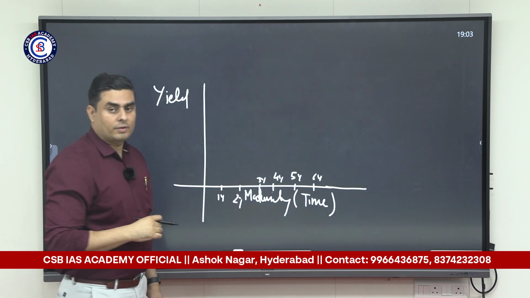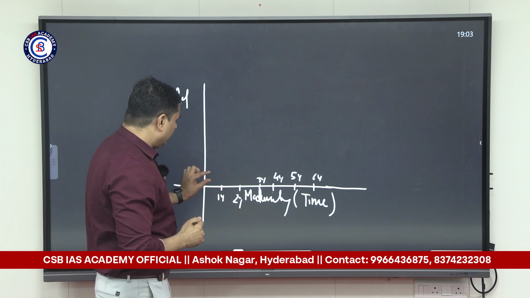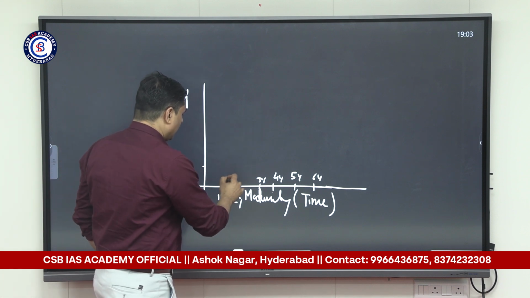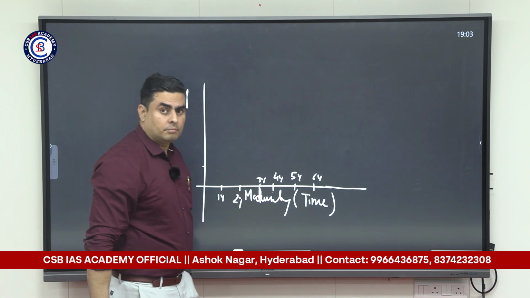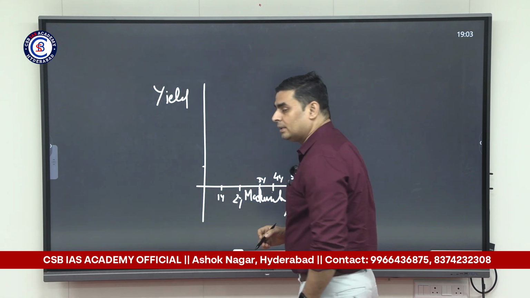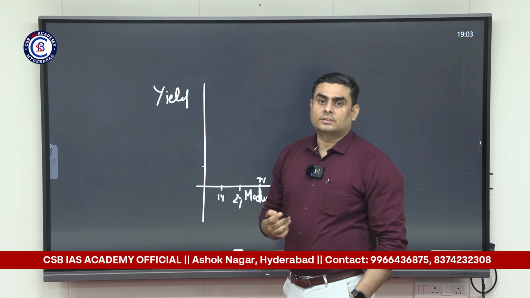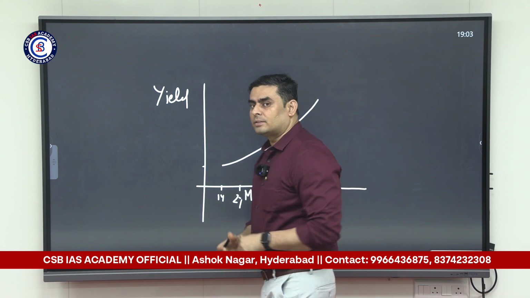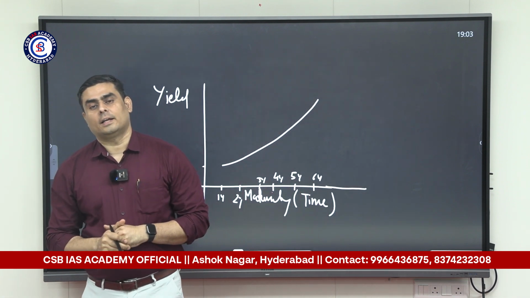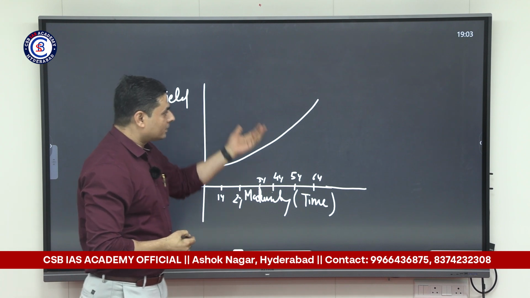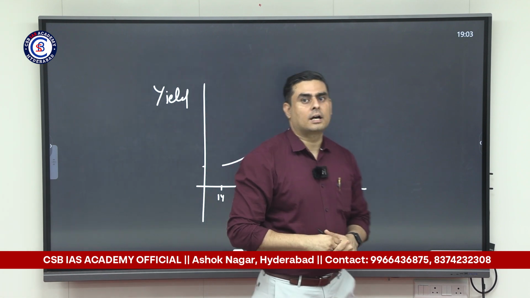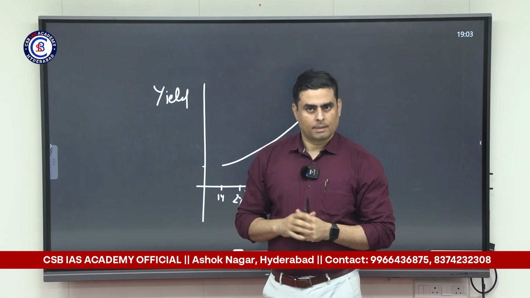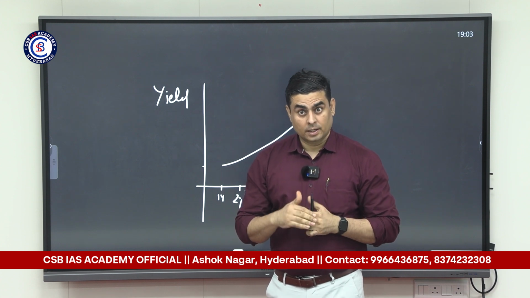For the 1 year investment, the yield will be less, and if the maturity increases, the interest rate is also going to increase. So this is called the yield curve.